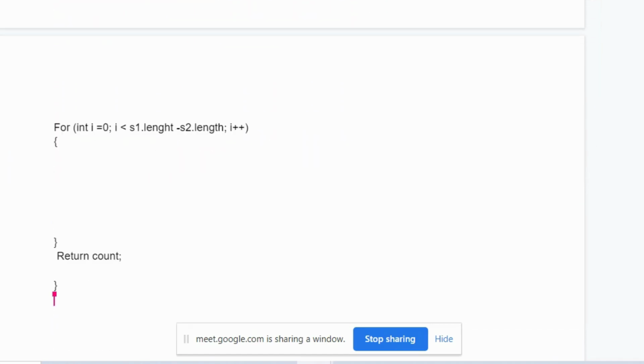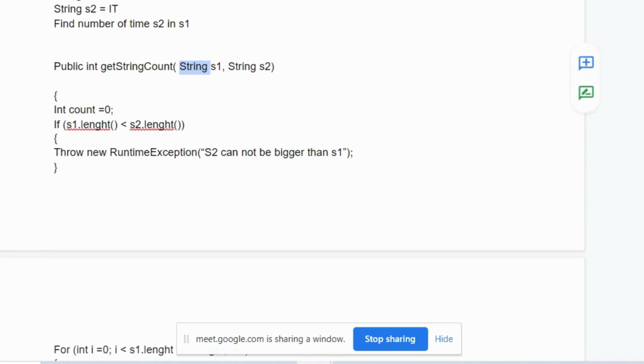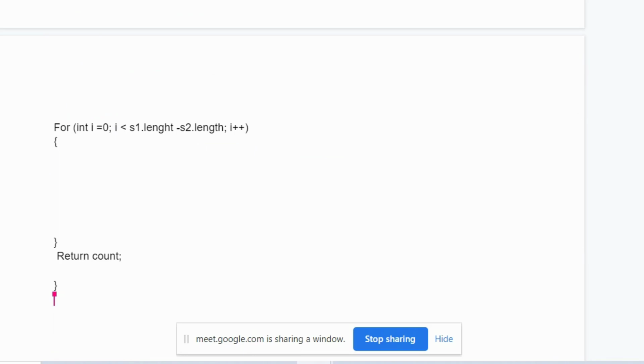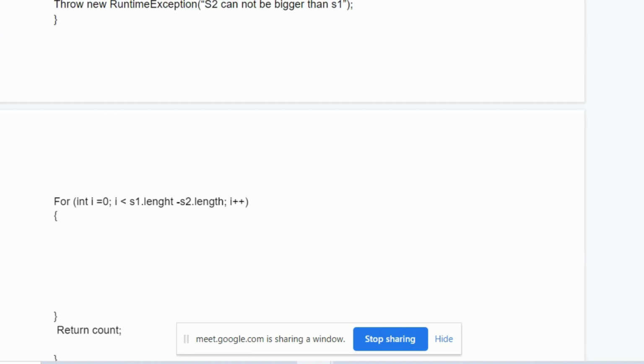At least, as I understood, I have to use string dot split to get the array of the string, then we can start comparing one by one element. As per my understanding, at least I have to use s1 dot split with double quotes so that I can get each character of it.